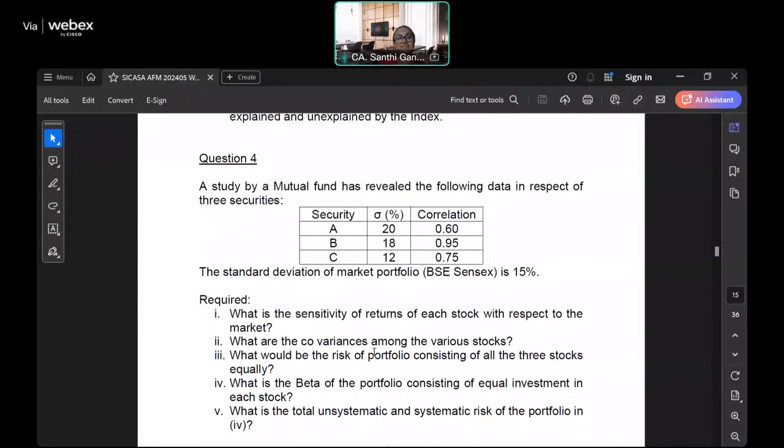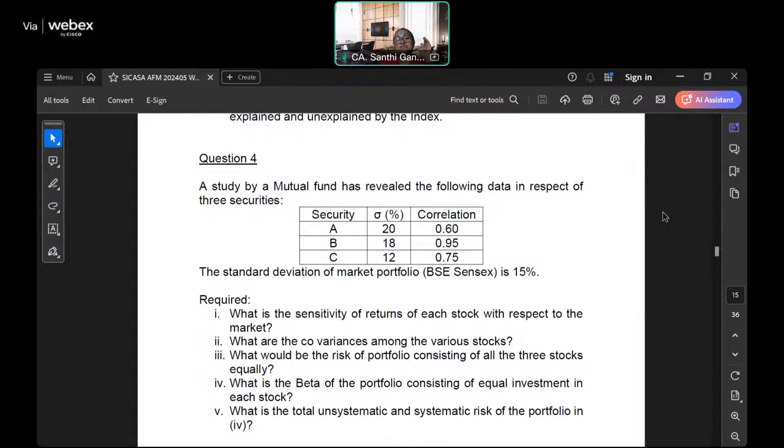So let's move on to the next one. Let's look at this problem. Required: what is the sensitivity of returns of each stock with respect to the market? That is, we have to find beta. What are the covariances among the various stocks? Next, what would be the risk of a portfolio consisting of all the three stocks equally?